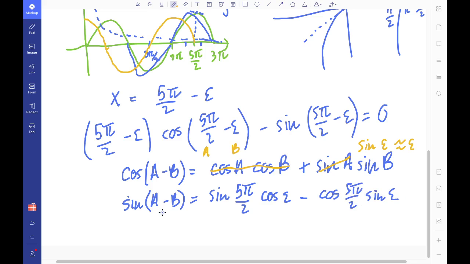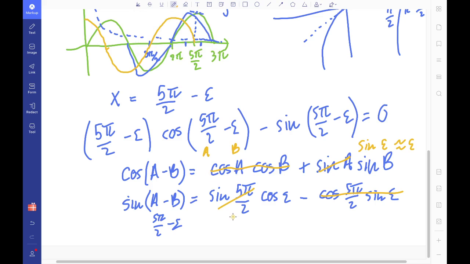Okay, so this is where A is 5 pi over 2 and B is epsilon. Okay, and again I can see a lot of this cancels out. So in fact here I know sine 5 pi over 2 is just 1, so I don't really need to write that down. And cos 5 pi over 2 is 0, so I can just cancel that all out, and this is just equal to cosine of epsilon. Okay, so this whole formula cancels down quite a bit.